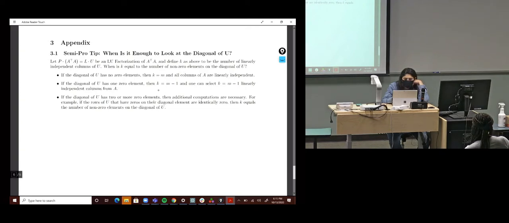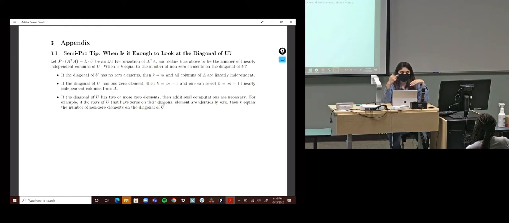That is when I have U of the structure where none of the elements on its diagonal are zeros. From our protip, we know if by the factorization there are no zeros on the diagonal of U, that means all the columns of A are linearly independent.